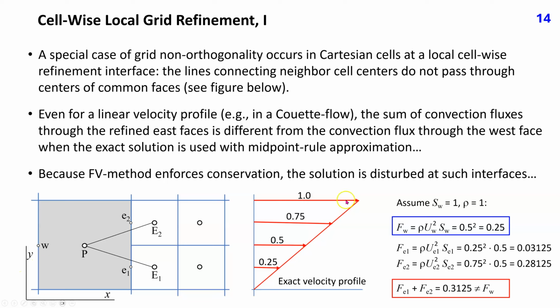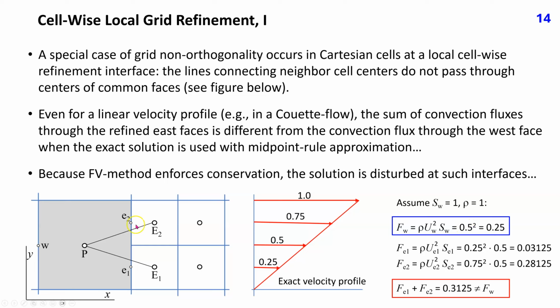Here is an example. The velocity u varies linearly in the y direction and its convection flux through the west face, assuming that the face area is S equal 1 and rho equal 1, is Fw equal rho u squared times area S equal 0.5 squared equal 0.25.